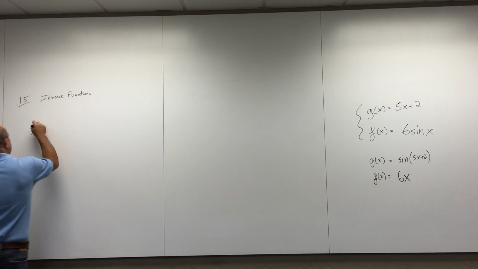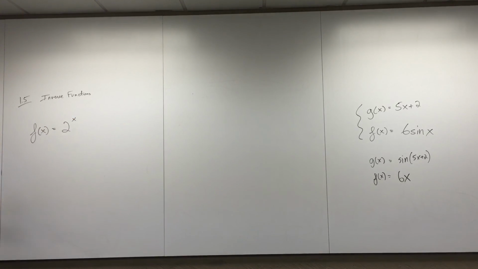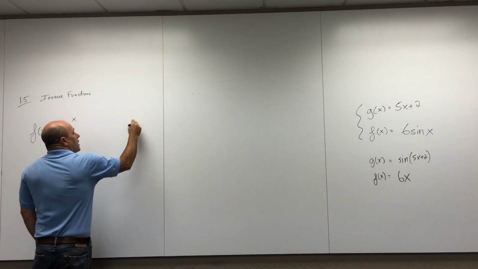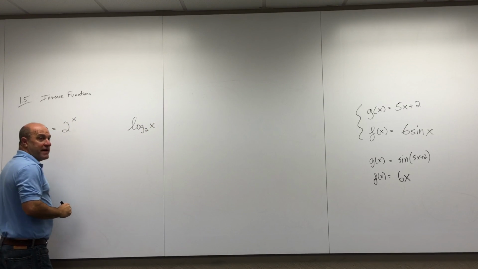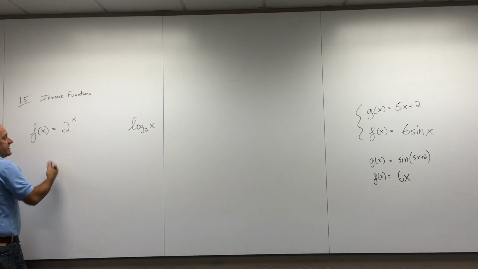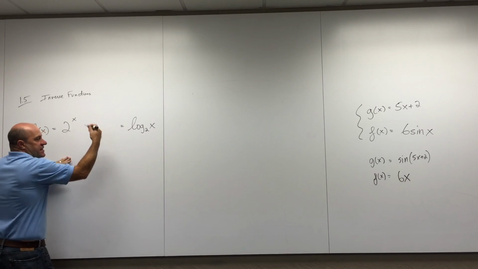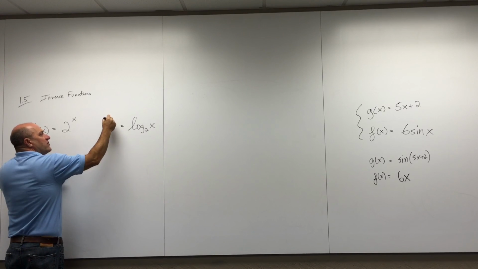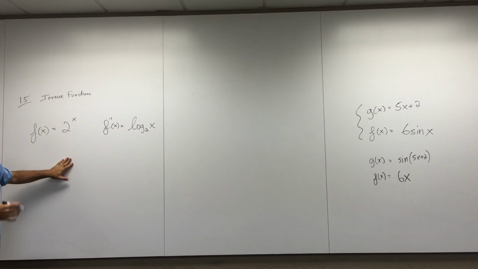This is an exponential function with a base of 2. Its inverse would be log base 2 of x. By the way, the notation for its inverse might be just another function called g, but we use this notation when we know it's its inverse. We call it f with a little -1 of x. That's the notation for an inverse function.